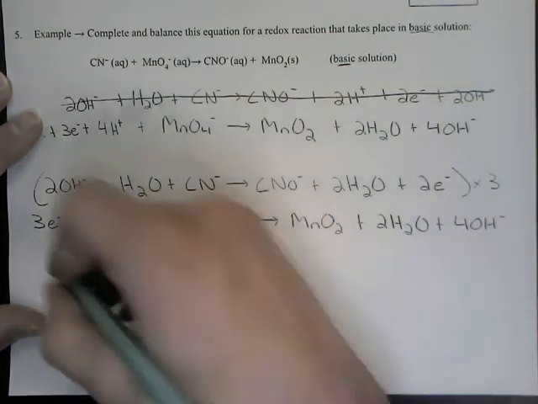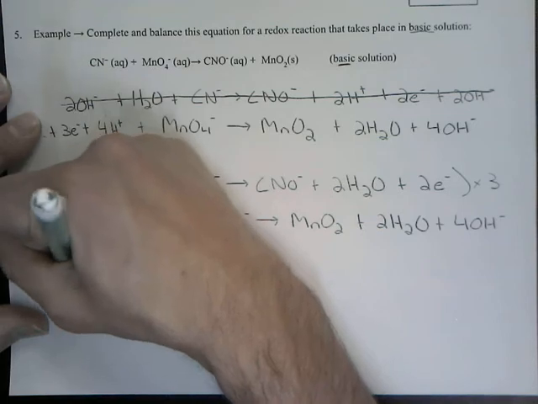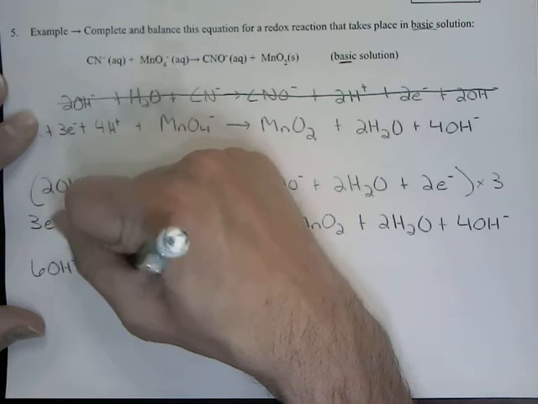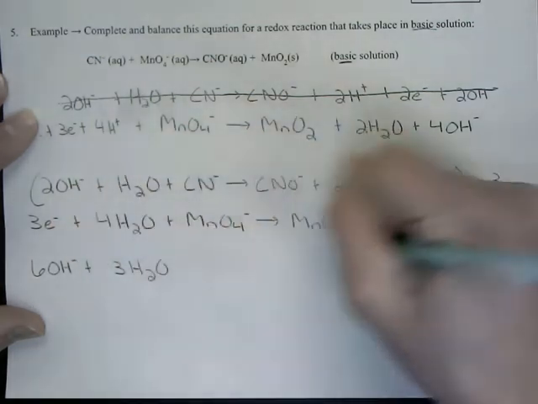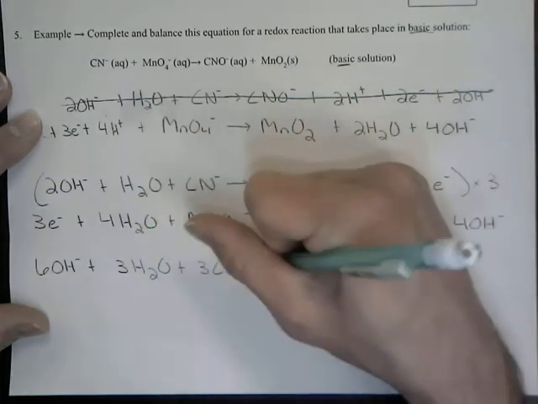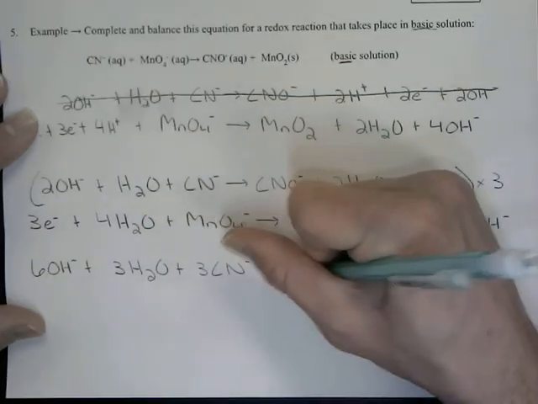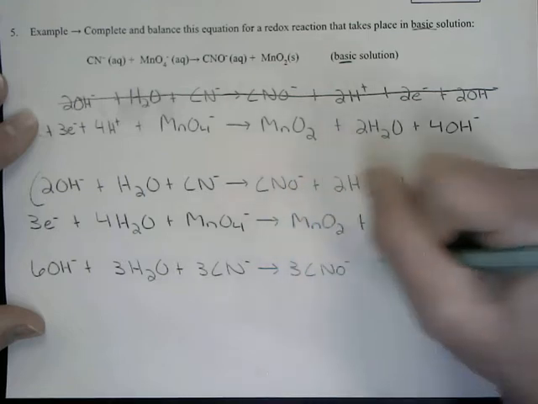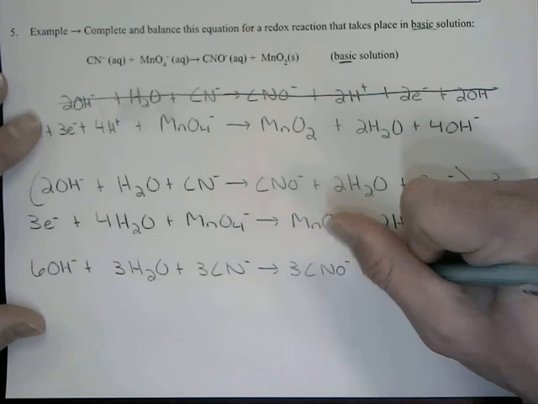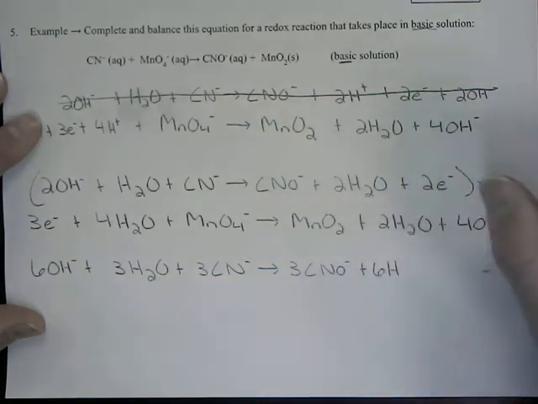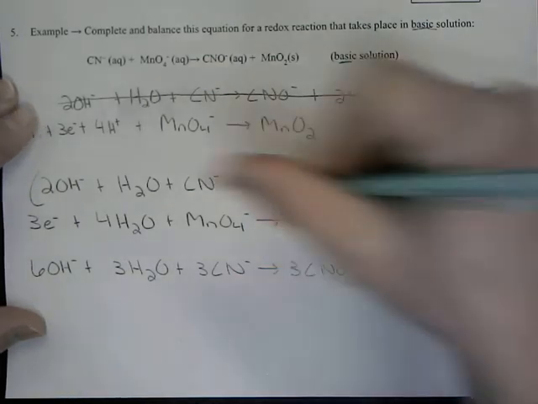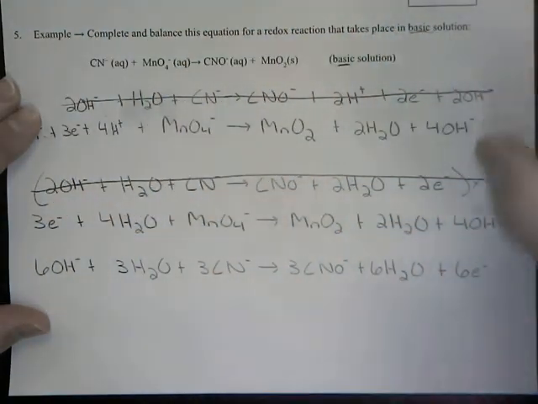So 3 times 2 is 6 OH minus plus 3 times 1 is 3 H2O plus 3 times 1 is 3 CN minus yields 3 CNO minus plus 6 H2O plus 6 electrons. Again, once I use this, I cross it out.